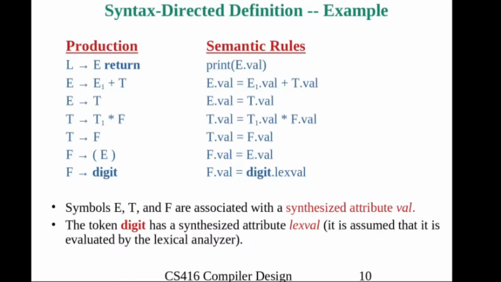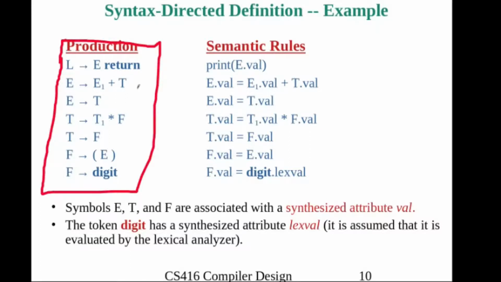Let us see one example of how we can define semantic rules and how we can identify attributes. This grammar is a famous grammar. We know that this grammar is called the arithmetic expression grammar, and we have used this grammar many times for constructing different types of parsers. Let us see here one more production we have added: L gives E return.